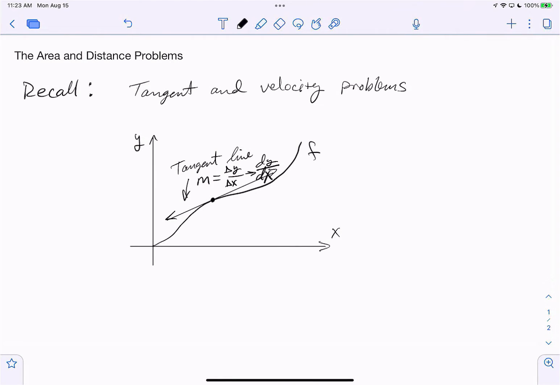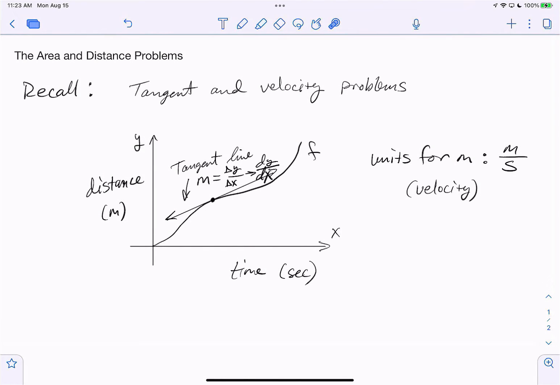If the units of the x-axis, the input, are time, let's say seconds, and the units for the y-axis are distance, say meters, then the units for the slope are going to be meters per second, and that's velocity.